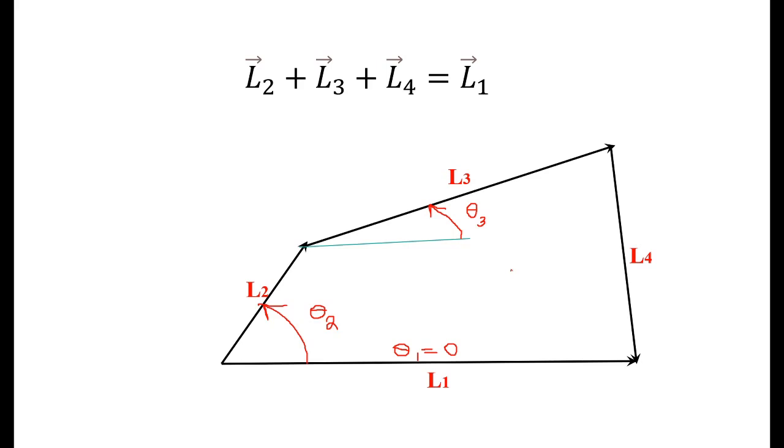Then finally we have L4. So in case of L4, you may make a mistake. That's why listen clearly and properly. L4 is a link starting from here and ending here. When it is a vector, this is the starting point and this is the direction downward. So you have to measure the inclination of L4 with respect to horizontal. So I will draw a line at the beginning, with respect to the positive x-axis.